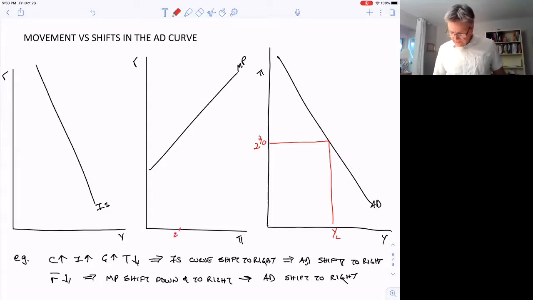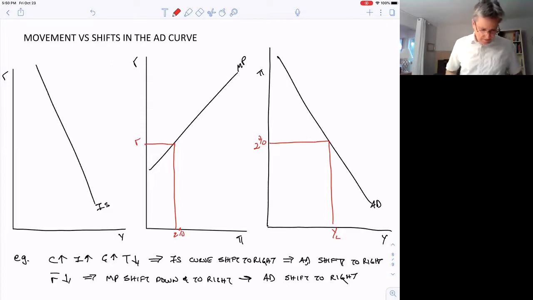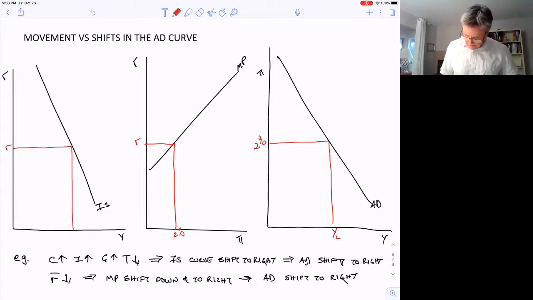And at a 2% inflation rate, the Fed is setting the real interest rate at, we'll just call it R. And at that interest rate R, the IS curve brings us down to an output that's low. So we're at equilibrium here, but output's below potential.